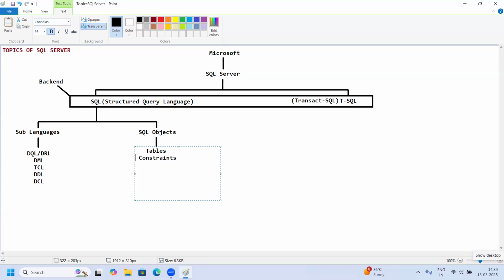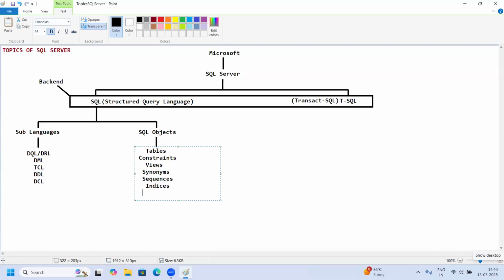Okay. Tables. After that, constraints. Then we have something to study about views. Views are of types again. Then we have something to learn about synonyms, then sequences, then indices.